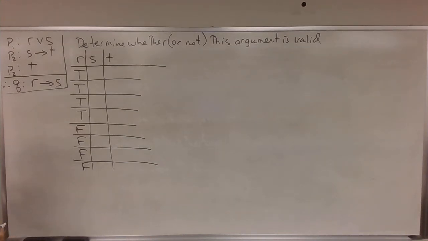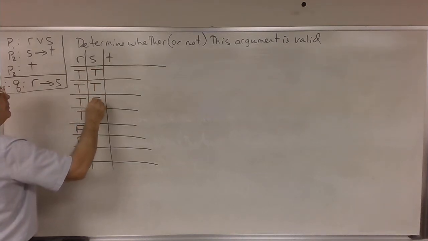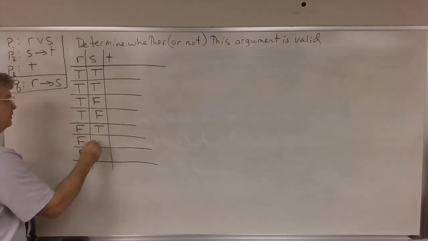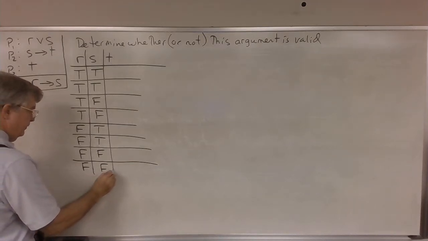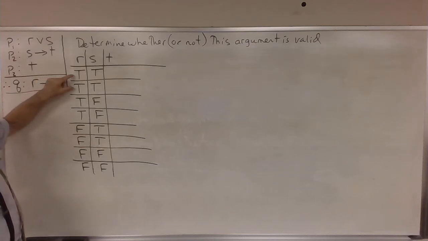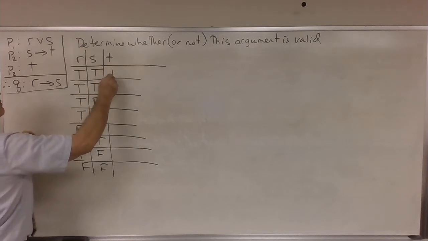Now, if R is true, S can either be true or false. So I'll do 2 truths and 2 falses. And if R is false, S can either be true or false. So I'll do 2 truths, 2 falses. And now, if R is true and S is true, T can either be true or false.